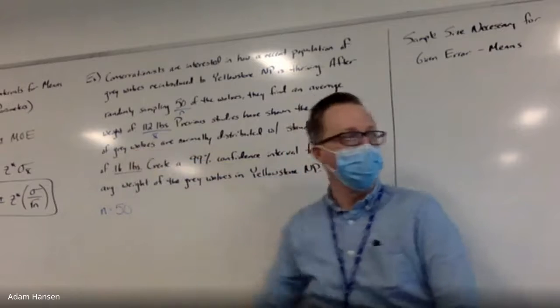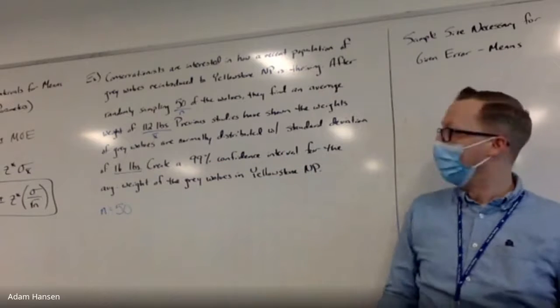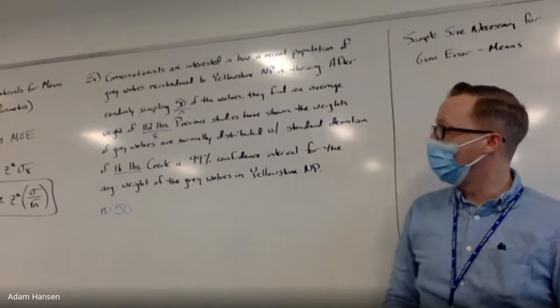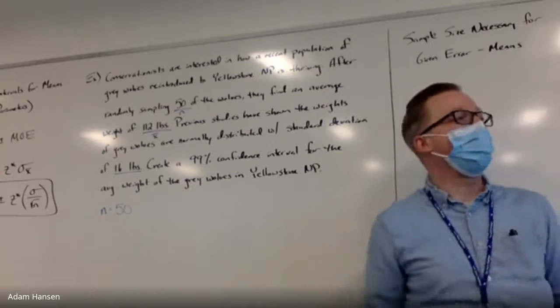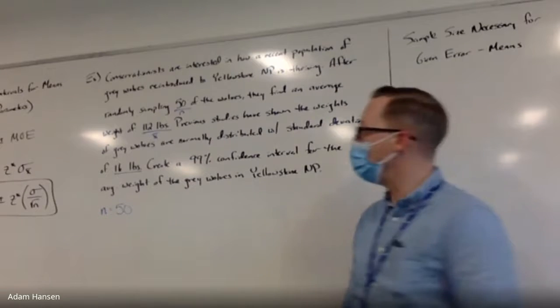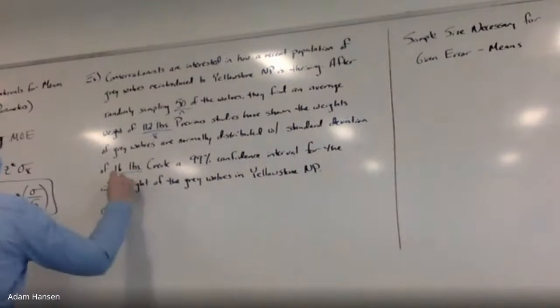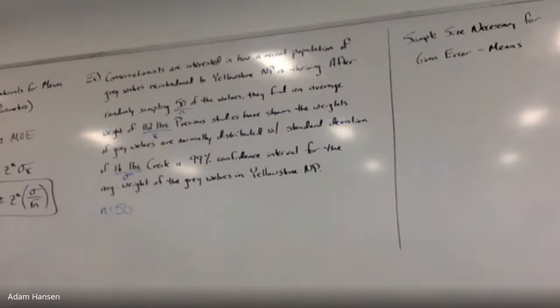I've done research on this species, this population, and I have a pretty good estimate of the actual standard deviation for the entire population of wolves, right? So this would be not s, but sigma, the population standard deviation. We're going to create a 99% confidence interval for the average weights of the gray wolves in Yellowstone National Park.